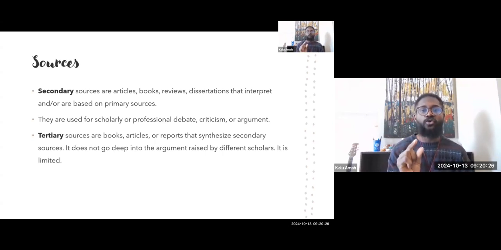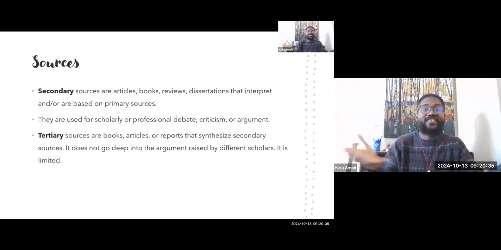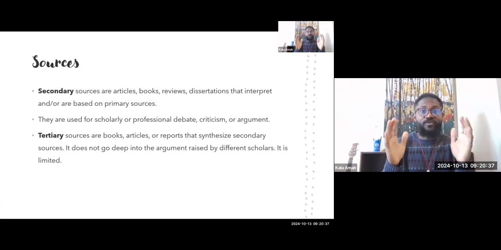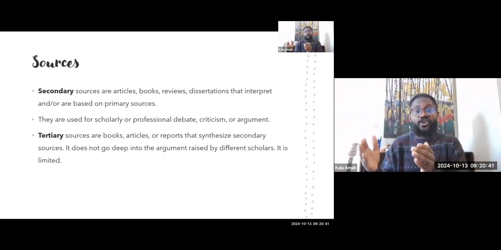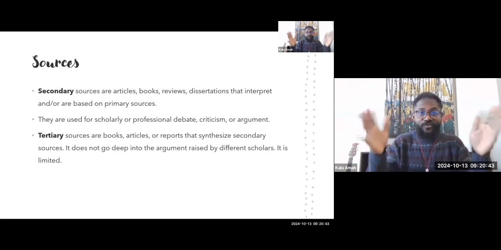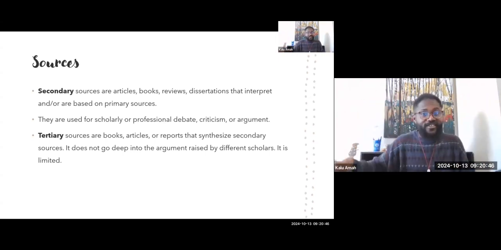Then another way to know what a tertiary source is: your literature review in your master's thesis. These are tertiary sources because you are synthesizing what scholars have said. If most of you can remember, maybe in your undergraduate or your master's, the literature review you write, that part, I think chapter 2, you say literature review.